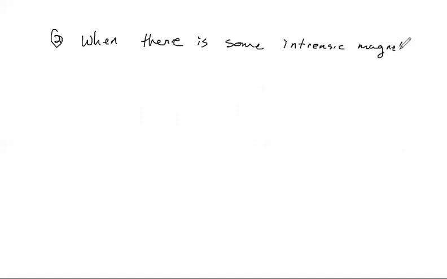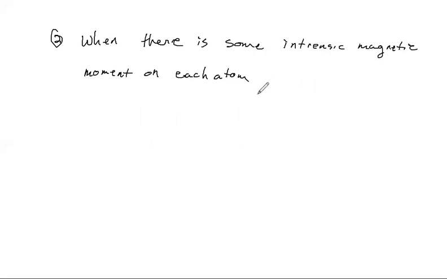Case two is when there is some intrinsic magnetic moment on each atom. If each atom has an intrinsic magnetic moment, regardless of whatever else is in the problem, that's like having a little loop of current.